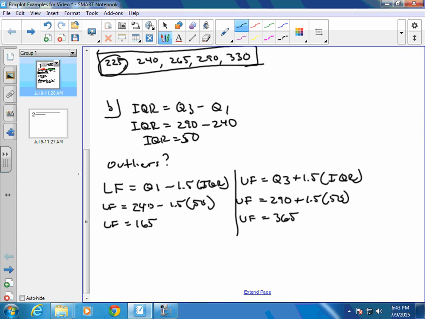Well, we have 330 as our max, so there are no high-end outliers either. So there are no outliers. It's a little bit problematic. Some people try to just look at a data set and figure out visually if there's an outlier or not. But again, if I ask you to show work to find any outliers, this is what you got to do.